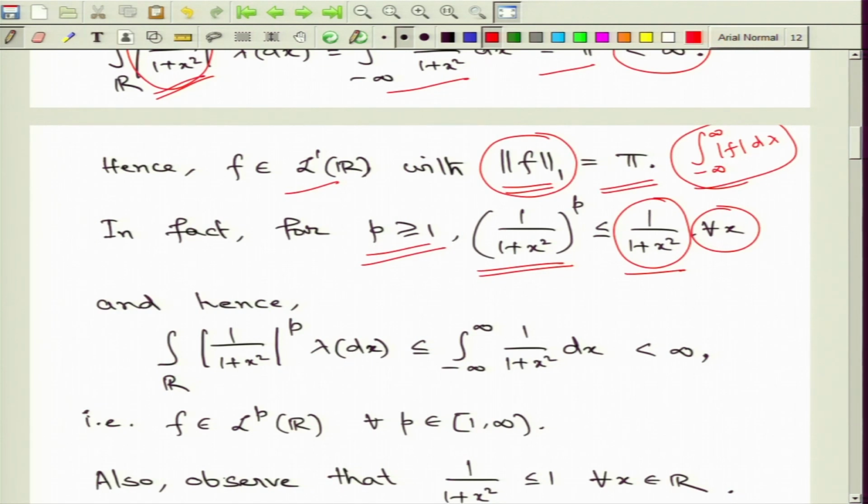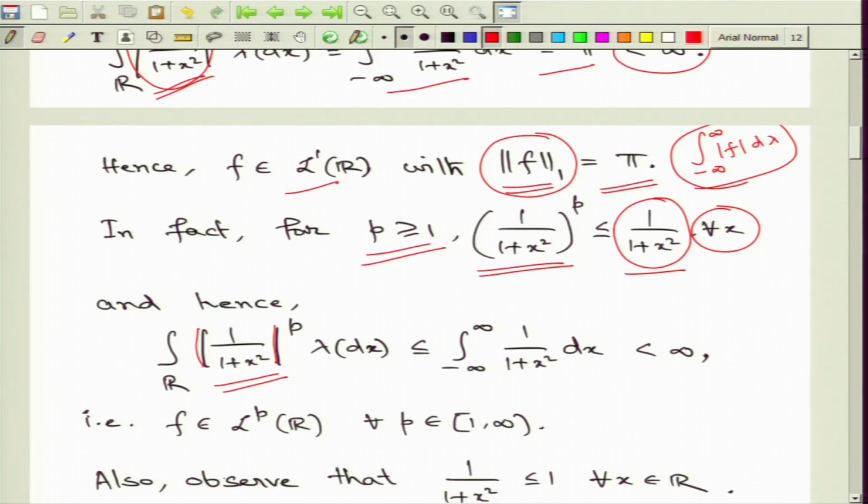Hence, the integration of this function raised to the power p, modulus included, but these functions are already non-negative, as we have already commented, so there is no need to separately write the modulus, but we keep it just to match our definition of LP integrability.